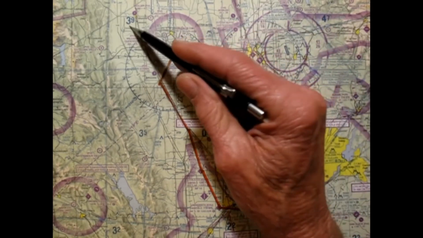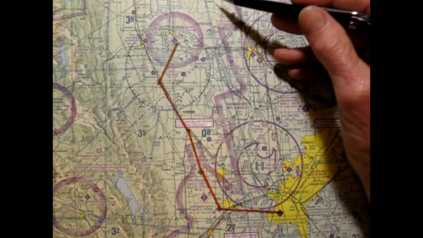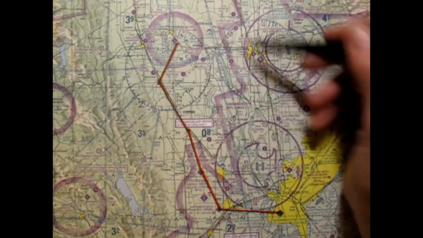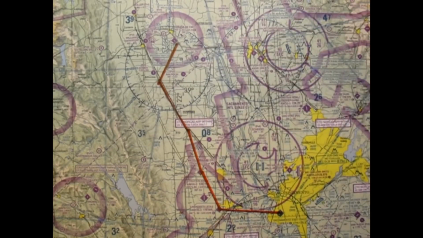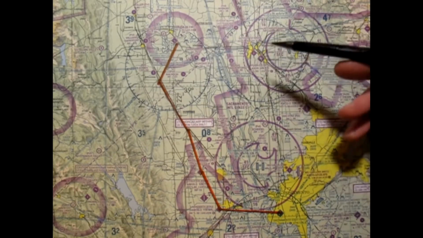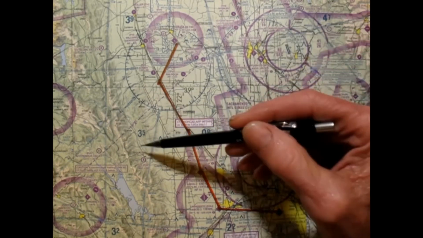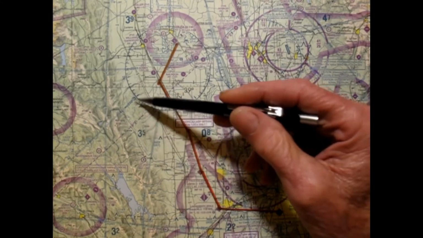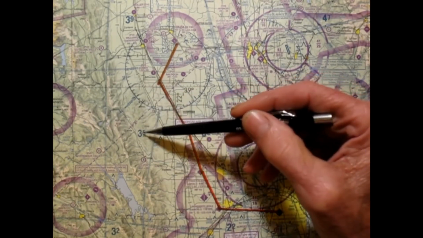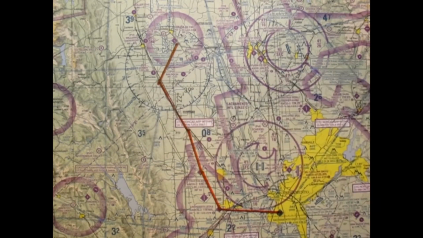And then up here we have 3,900 and 2,500. So we can kind of get an idea right away that we don't really have to worry about too much. The only place it's going to give us any kind of trouble at all, if possible, would be over here in the mountain ranges where we have 3,500. But that's way, way out of our way, and we're not going to go anywhere near that.